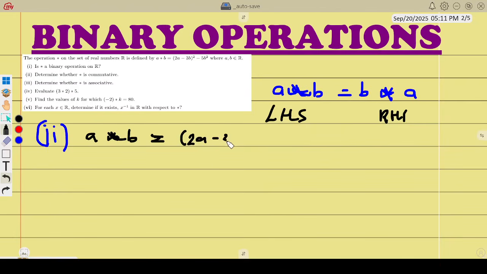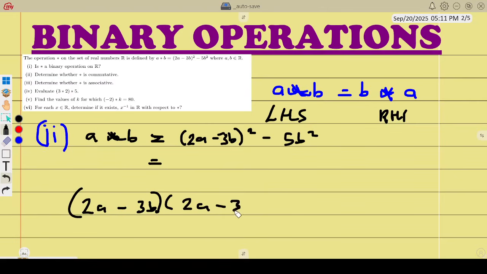which is equal to 2A minus 3B squared minus 5B squared. We can simplify what's in the brackets. Remember, when you have 2A minus 3B squared, it means you multiply it by itself.